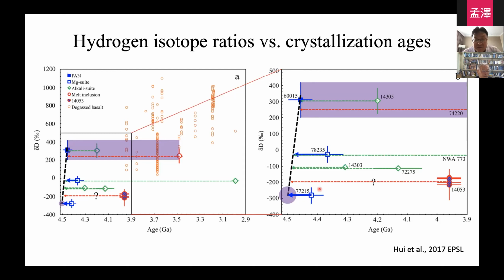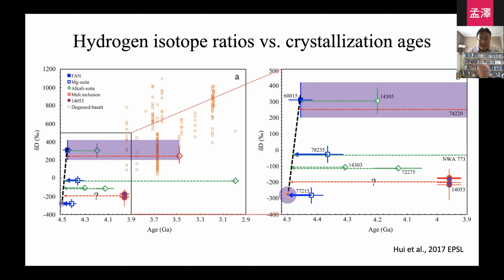78235 and 77215 are the magnesium suite. From the igneous petrogenesis of the magnesium suite, we know that the magnesium suite represents material which is a mixture of the lunar primary crust and the early formed lunar mantle. So this is the accumulated mantle formed earlier than the lunar crust.